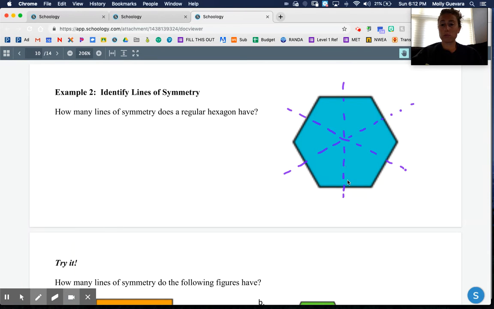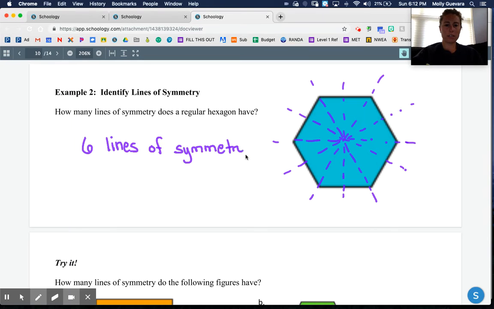So there's 3 so far, and then don't forget that we can go vertex to vertex, right? So there's one more, that's 4, there's 5, and there's 6. So we should have 6 lines of symmetry.